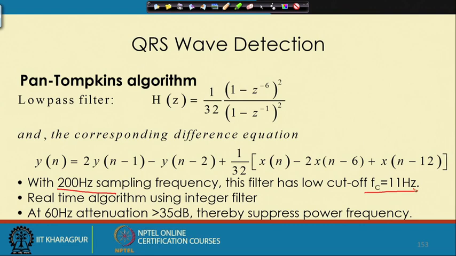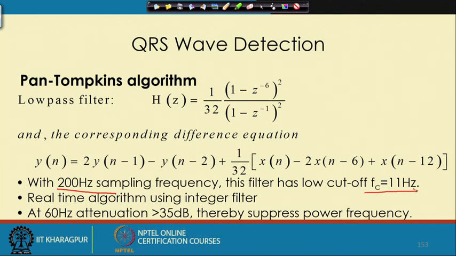Okay. And that also takes care of the power frequency hum. In North America that would be 60 Hertz, in our country or some parts of Europe it will be 50 Hertz, which is well above this cutoff frequency. So, that will be eliminated by this filter itself.